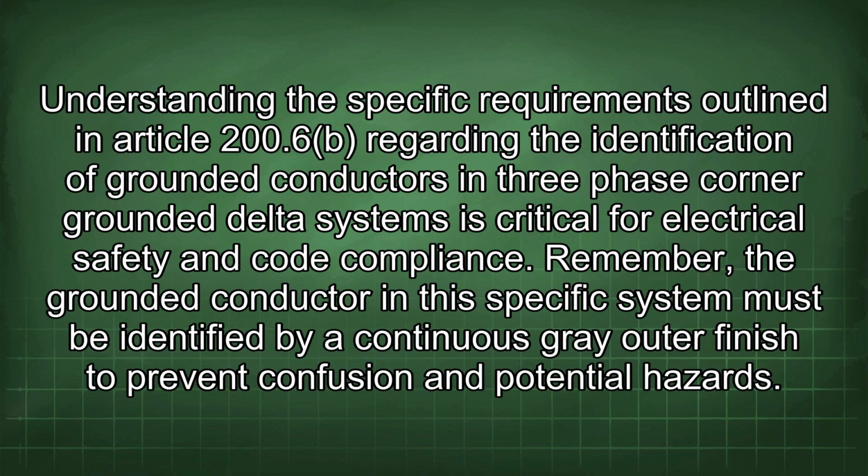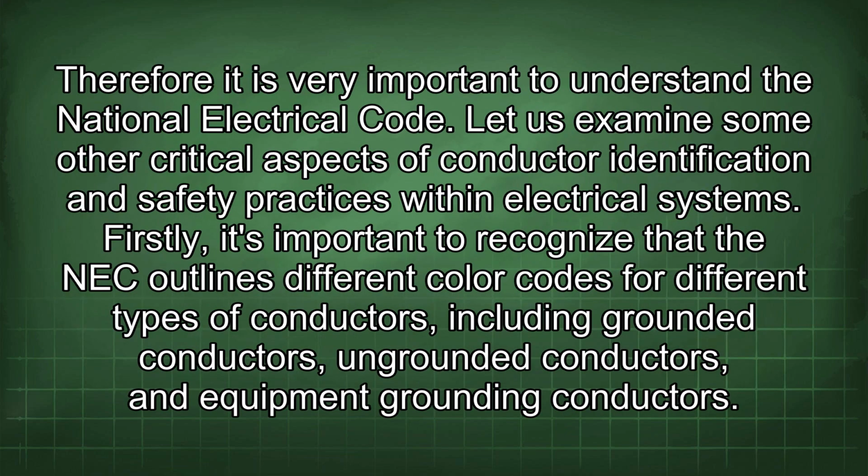Understanding the specific requirements outlined in Article 200.6 regarding the identification of grounded conductors in three-phase corner grounded delta systems is critical for electrical safety and code compliance. Remember, the grounded conductor in this specific system must be identified by a continuous gray outer finish to prevent confusion and potential hazards. Therefore, it is very important to understand the National Electrical Code.